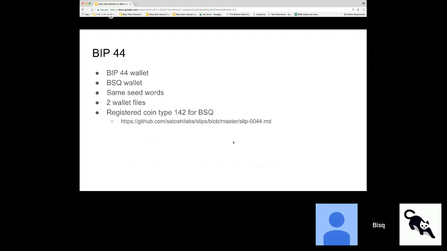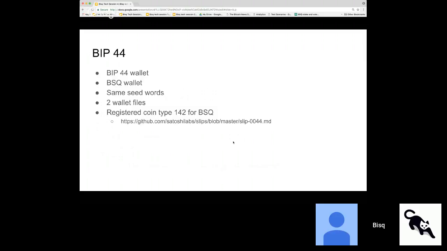There is a registration page where you can register your coin. We did this, and we have the number 142 for Bisq. It helps in that you are separating this wallet from other implementations.